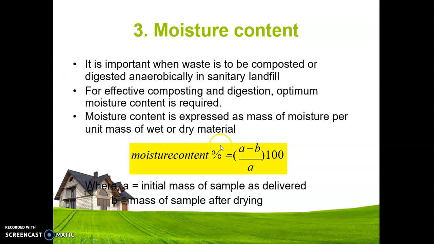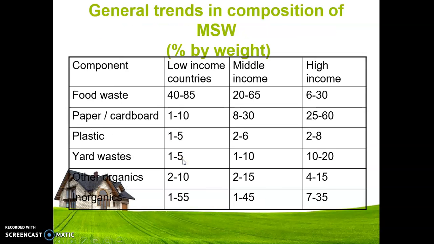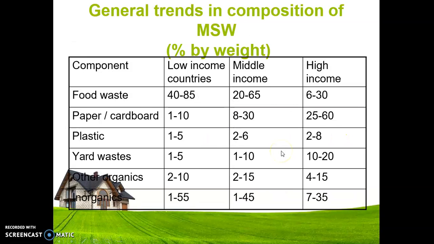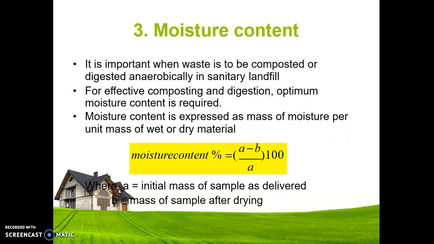Okay, so moisture content can be expressed as A minus B over A, where A is your initial mass of sample, and B is the mass of sample after drying. So you will get your moisture content. Normally the moisture content will be given in the composition table.